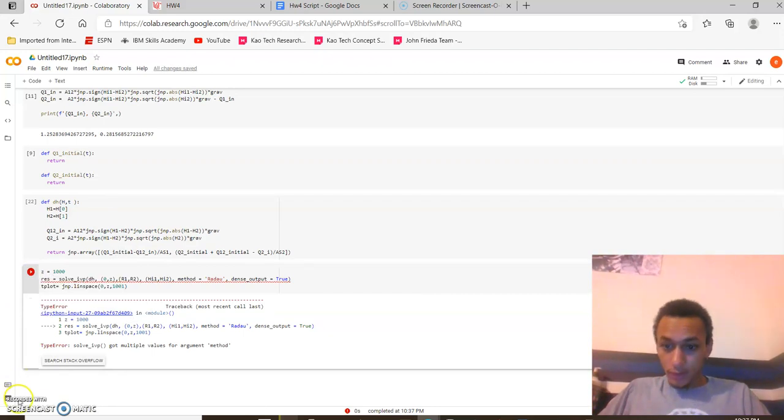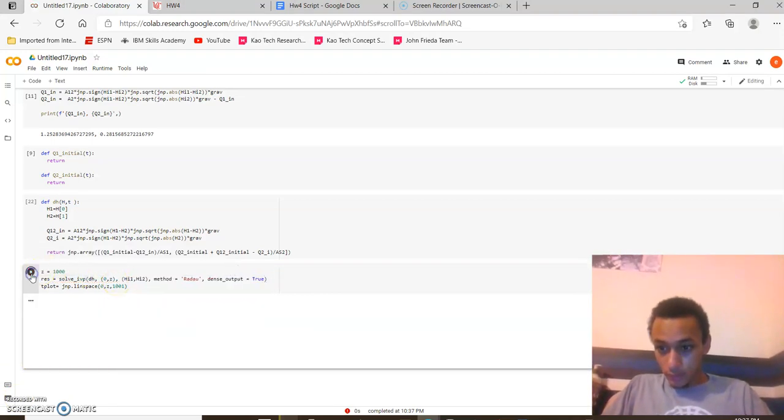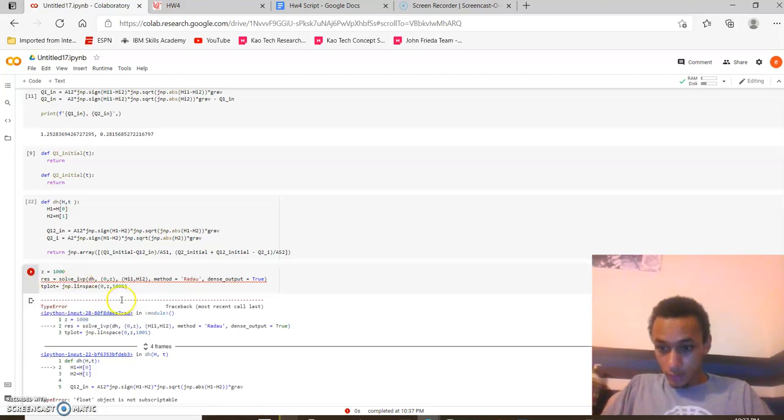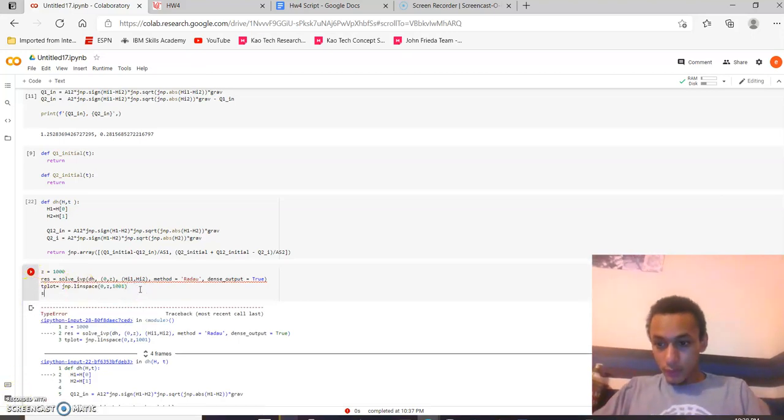Since this method argument doesn't make sense right now. Solve equals res.solve, t plot.